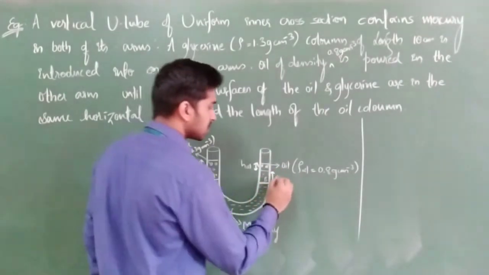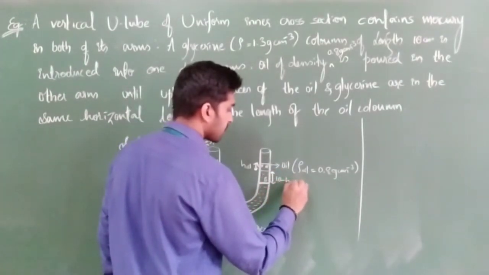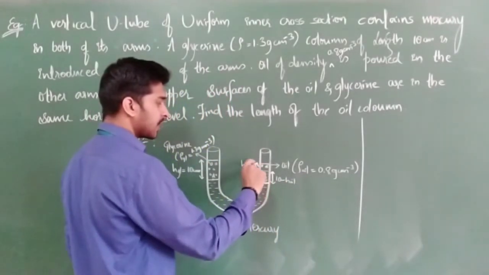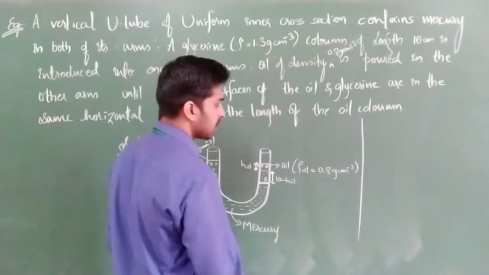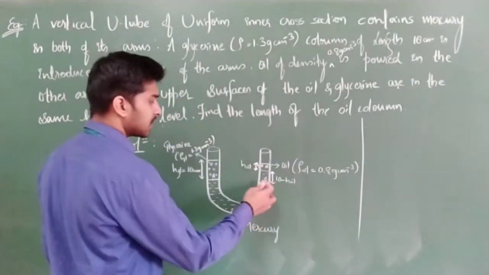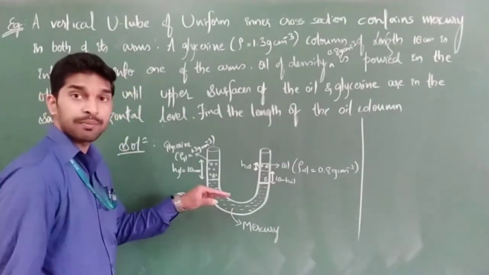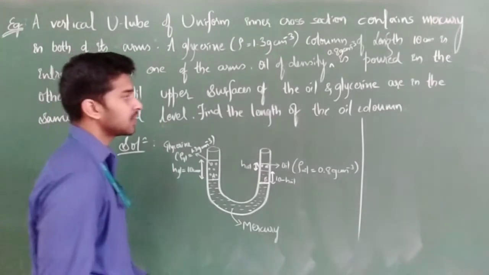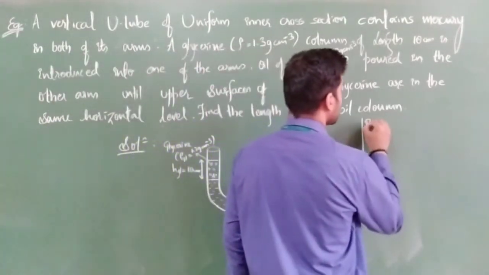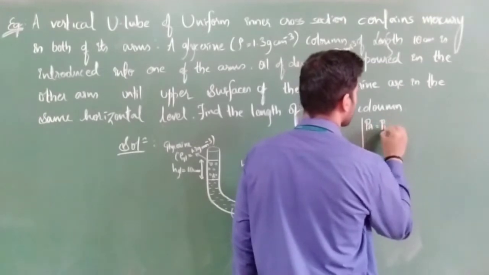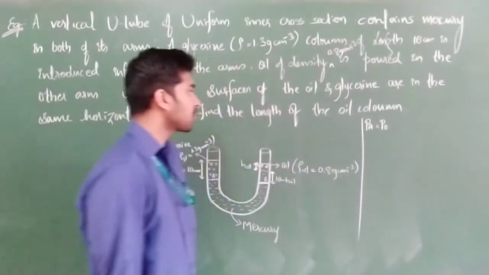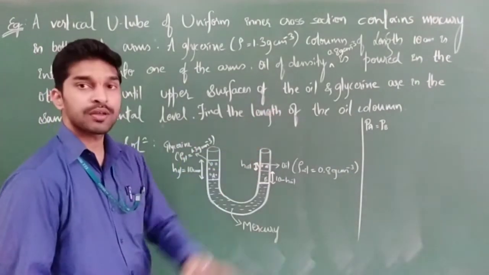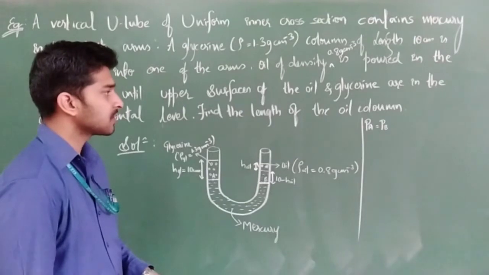This distance is H oil, that means this distance will be 10 minus H oil, correct? Next, let us call this point P. Let's equate the pressures. So PA should be equal to PB. They had not talked about atmospheric pressure. Even if you consider atmospheric pressure, on both sides it will get cancelled. Correct?